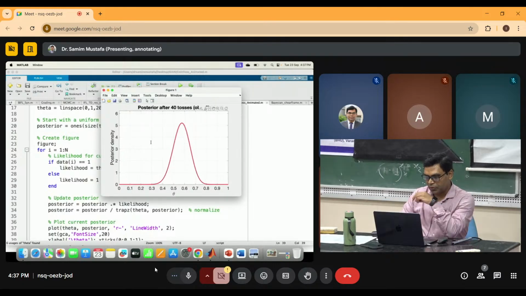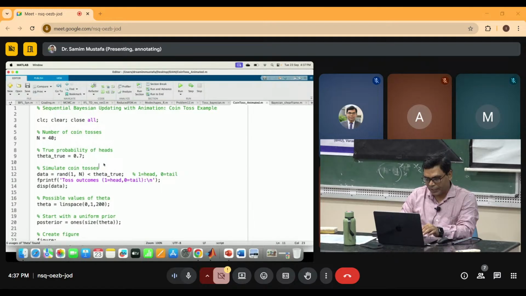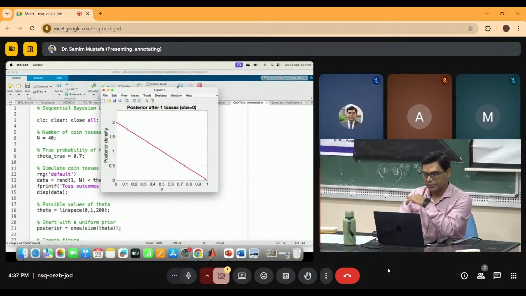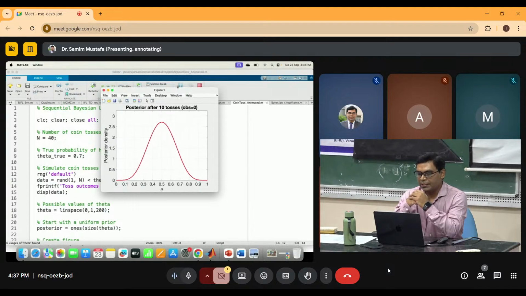Probably I have not used the RNG default part again. Let me do that. Now let me run this.